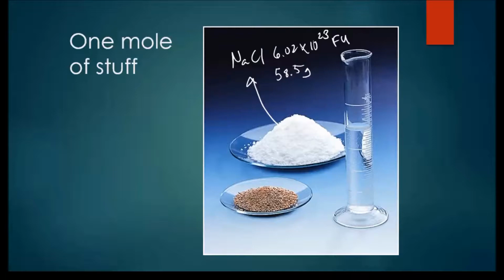How do I know? Did I measure them? I don't have to. Because if I know there's 1 mole in there, all I have to do is add up the mass of sodium, which is 23, and the mass of chlorine, which is 35.5. 23 plus 35.5 is 58.5.